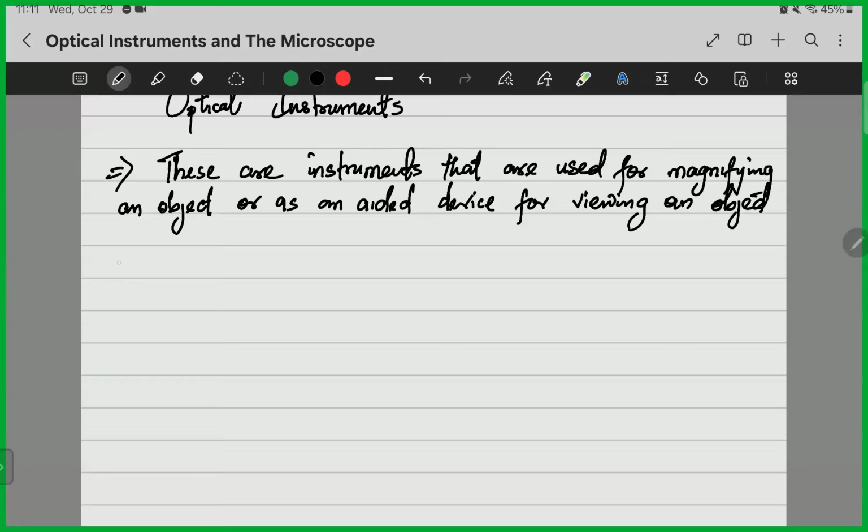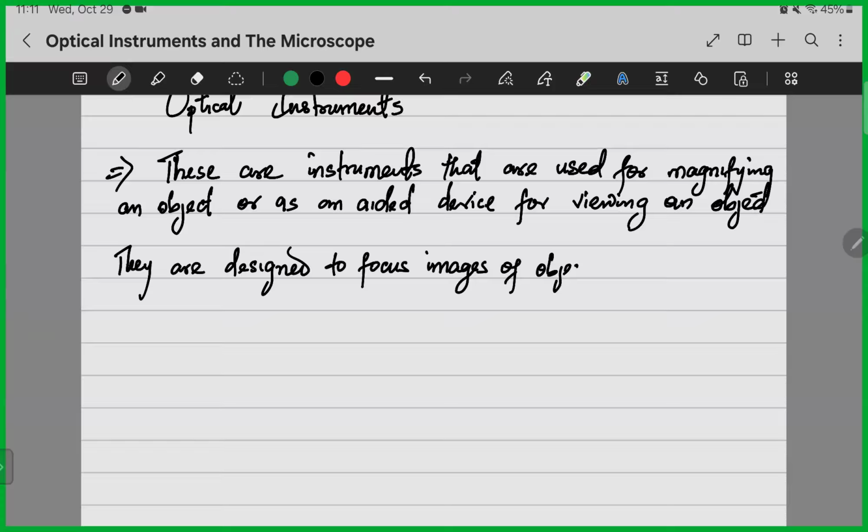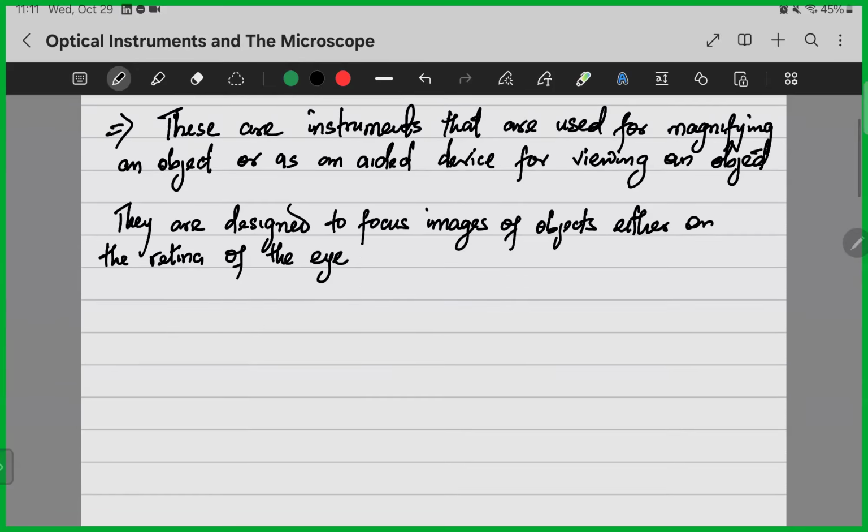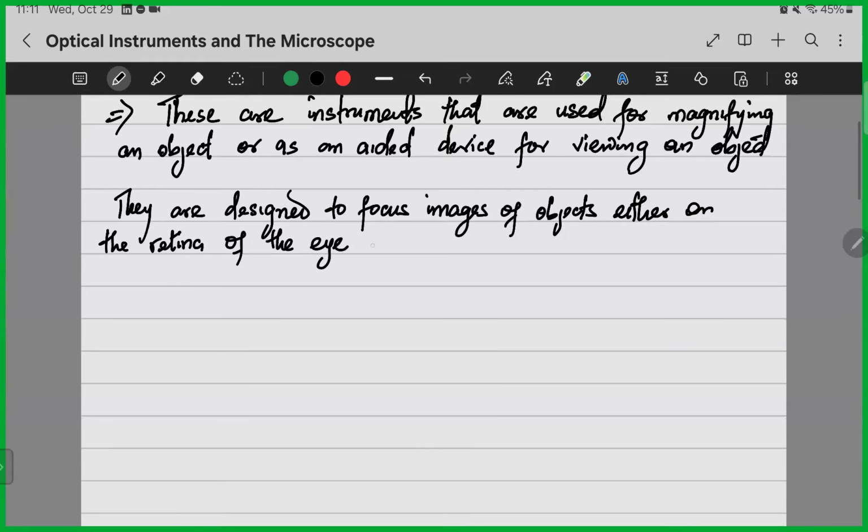You can add to that explanation by saying they are designed to focus images of objects either on the retina of the eye or on a film.